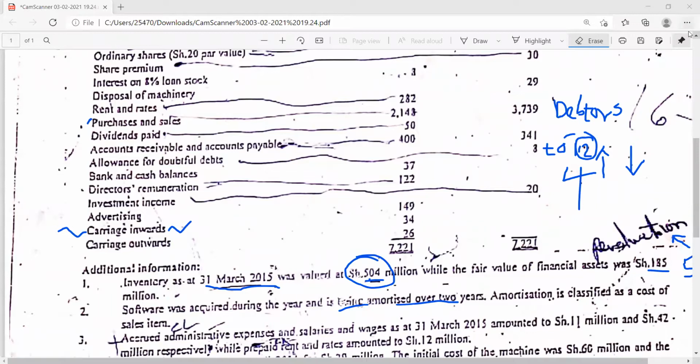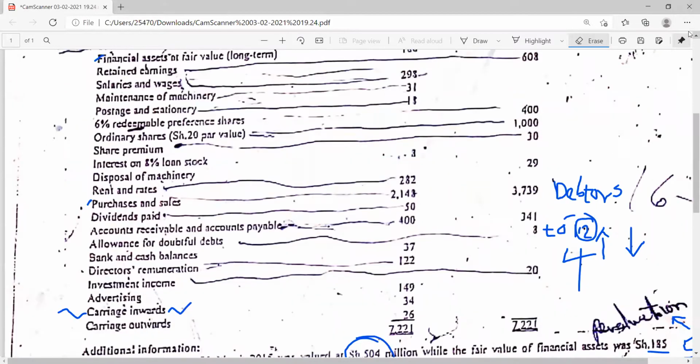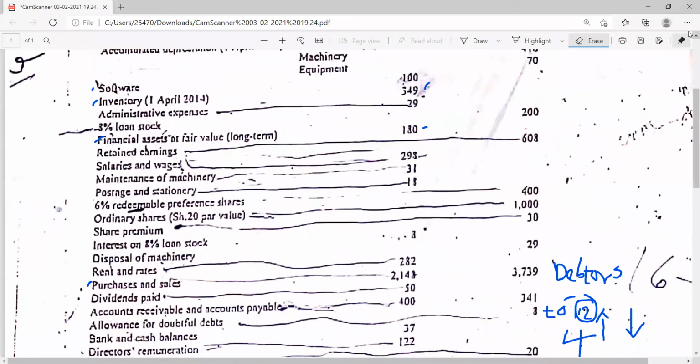If you go to your trial balance here, we can see which expenses we have. We start from admin, then maintenance. We have maintenance.